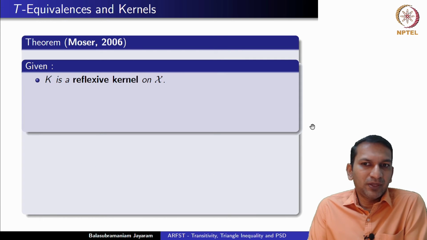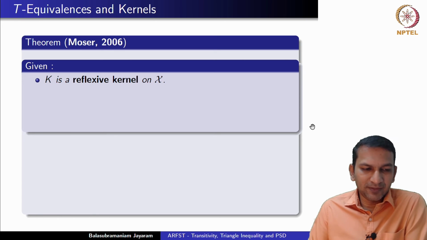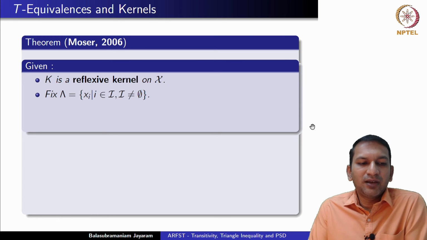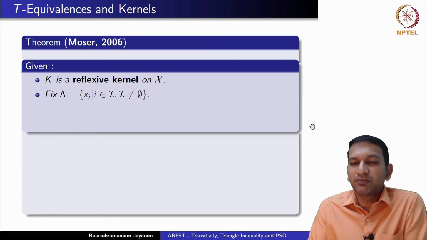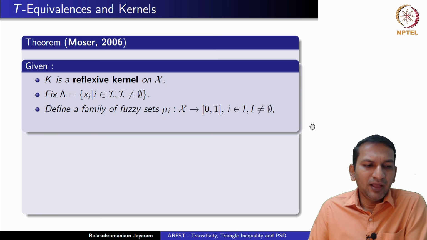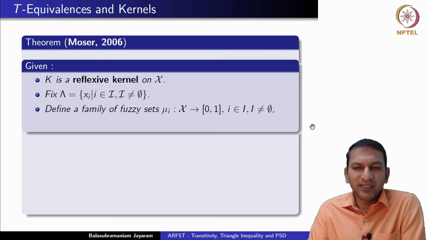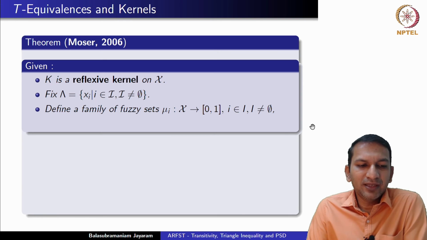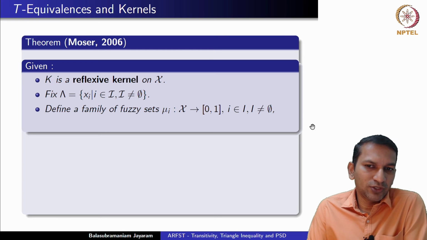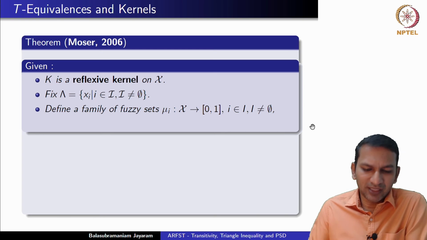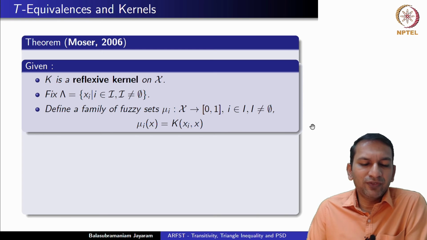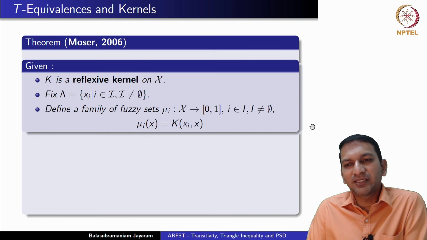Moser in the same paper also went on to show that if you take a reflexive kernel on X and fix arbitrarily a few points from the set X, say xi, varying from 1 to n, and for each one of these indices, if you define a fuzzy set, so essentially you get a family of fuzzy sets as follows: mu A i of x is equal to k of xi comma x.